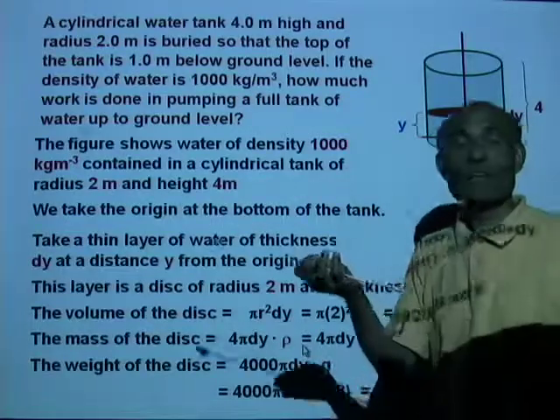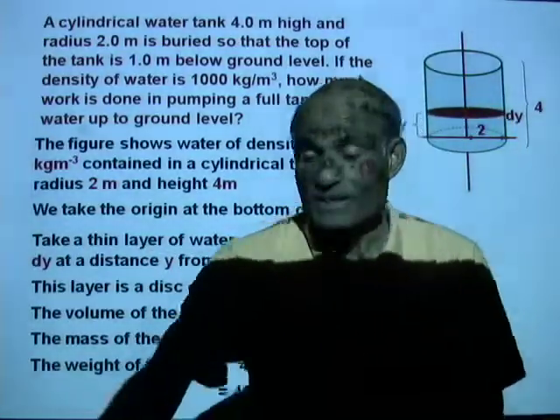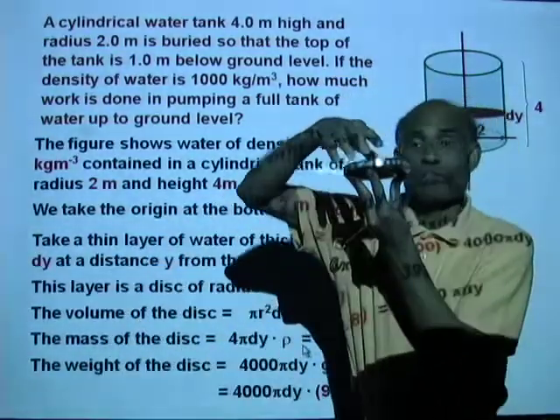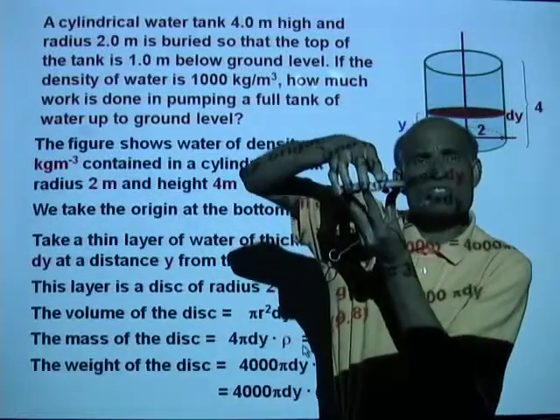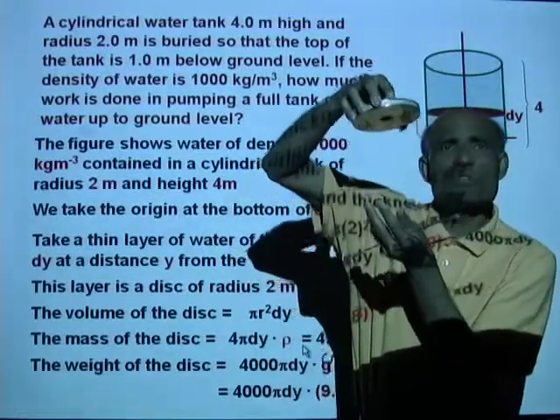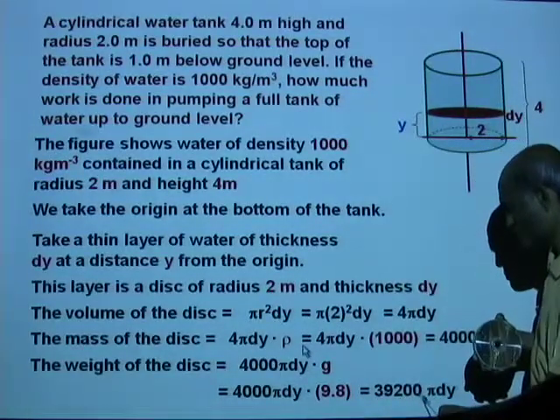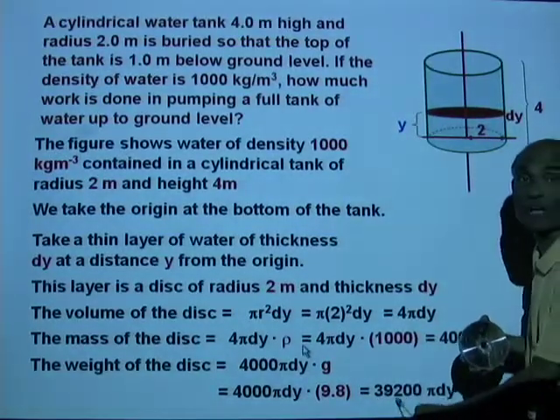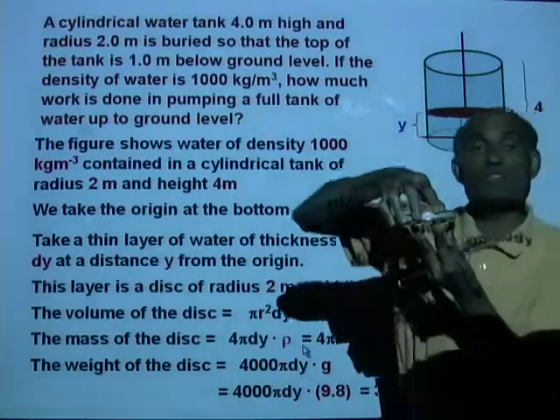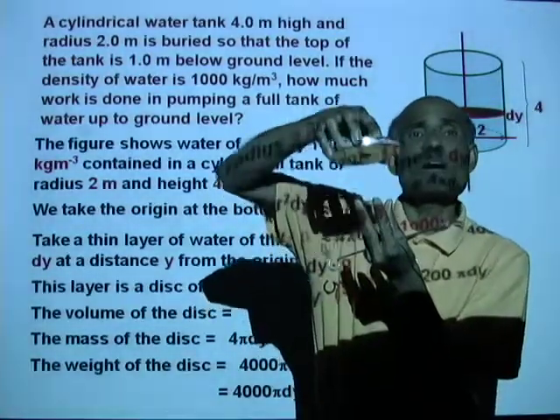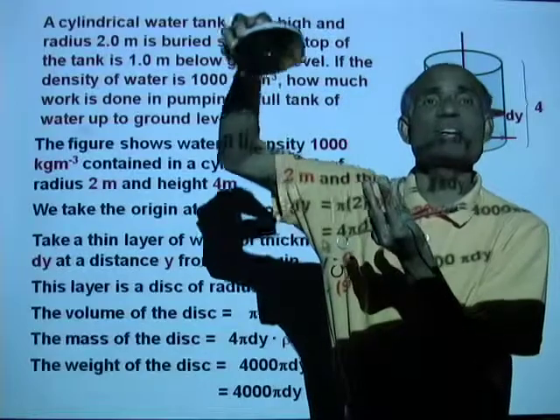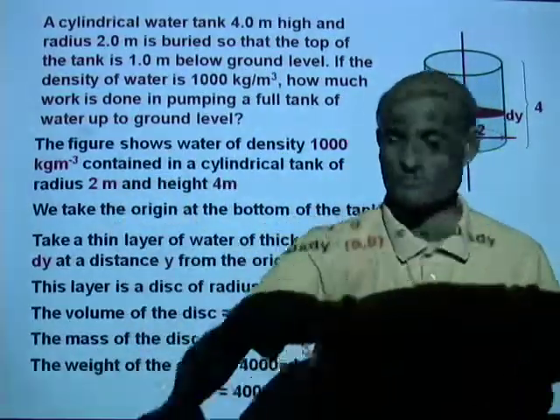In other words, in order to lift that disk of fluid so that you can pump it, you need to apply a force equal to 39,200 pi dy. This is the weight, or that is the force you need to apply to lift it so that it can be taken out.